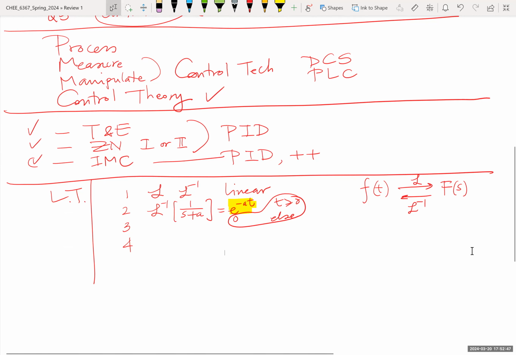It's the same formula, except when a is complex, it's going to have a complex conjugate term in that Laplace transform, in which case the inverse is going to have something that has e to the minus real part of a, plus or minus j, the imaginary part of a.